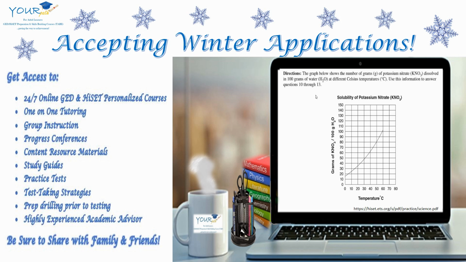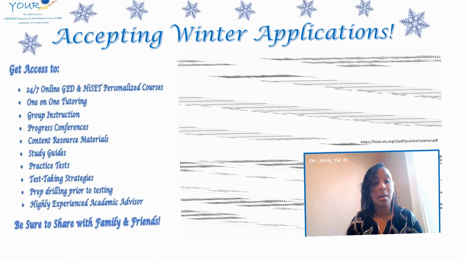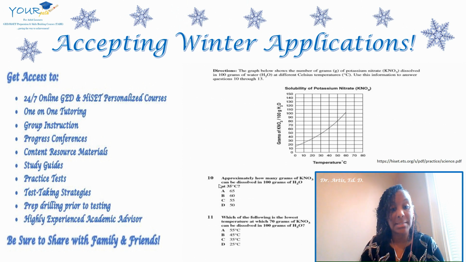So now let's look at our test items. So now when we look at test item number 10, we have: approximately how many grams of potassium nitrate can be dissolved in 100 grams of water at 35 degrees Celsius.